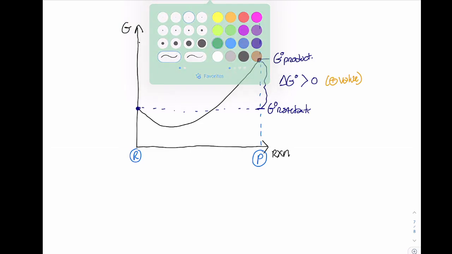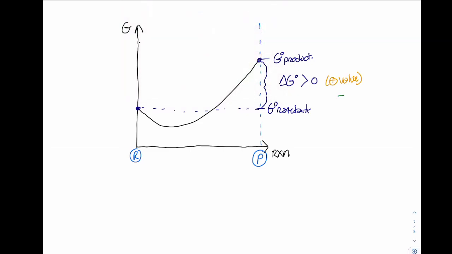And what that means for us is this is going to be reactant favored at equilibrium. My value for my equilibrium constant is actually going to be less than 1, right? If we were to look at our equation again, delta G naught is equal to negative RT times the natural log of K, right?